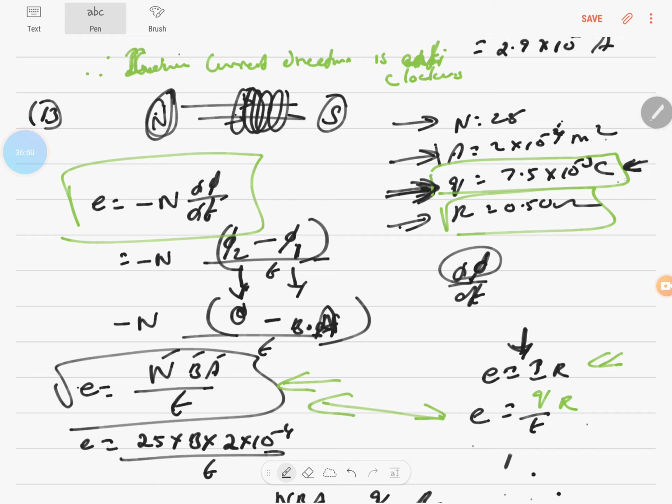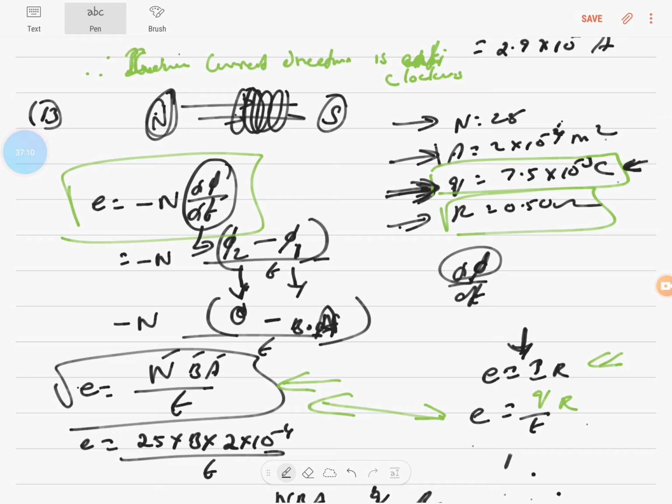I know that dφ/dt can also be written as φ2 minus φ1 by t, change in the flux by t.